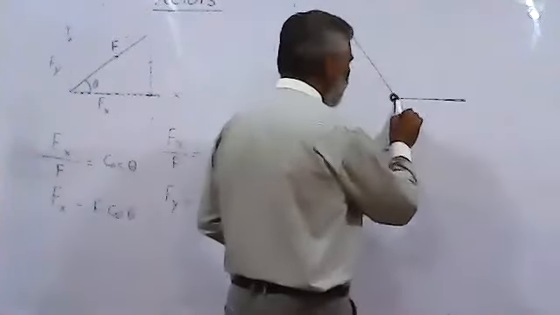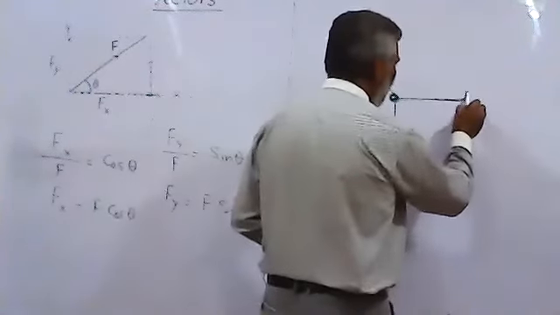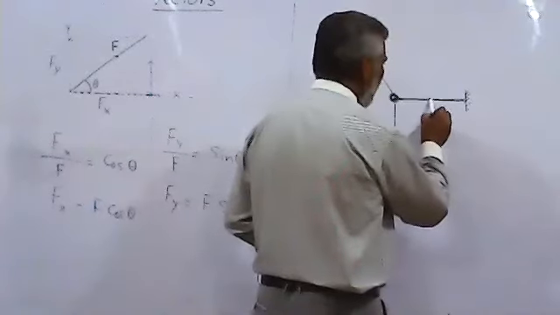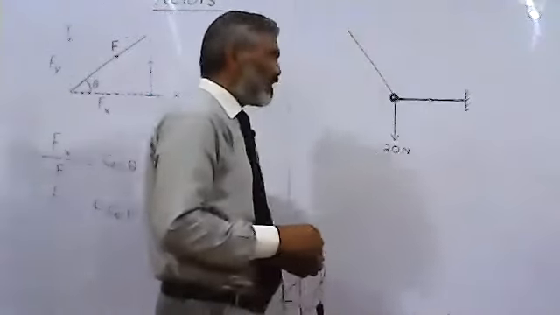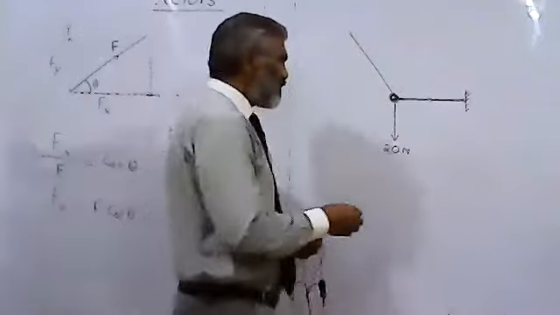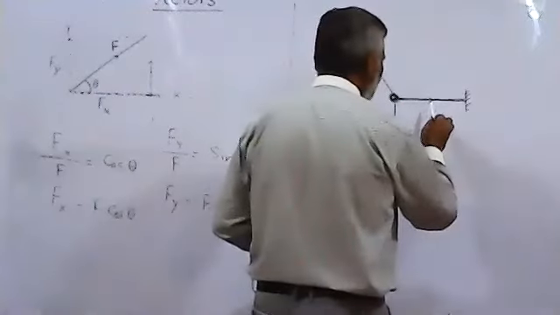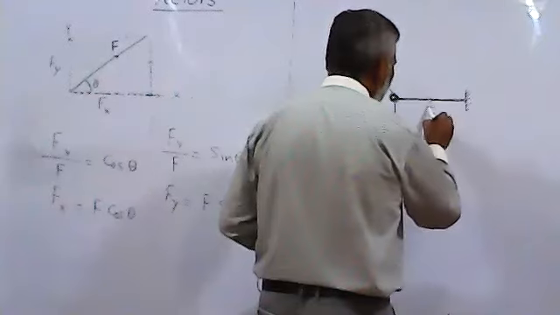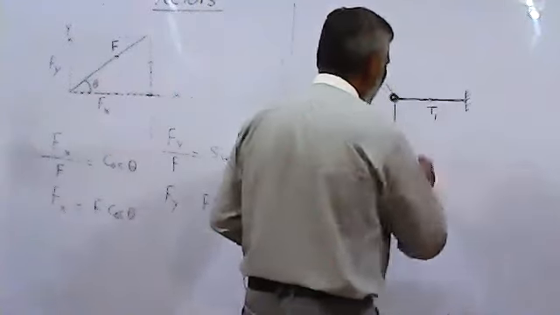You have used a string here, and with this string you have tied this object here. So as a result, you have a tension in this string. Suppose this tension is not known, and I call it tension T1 in it.